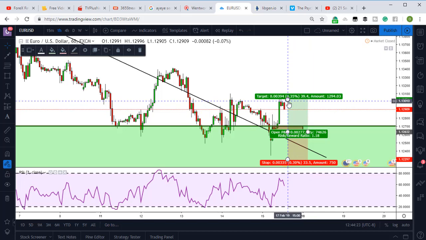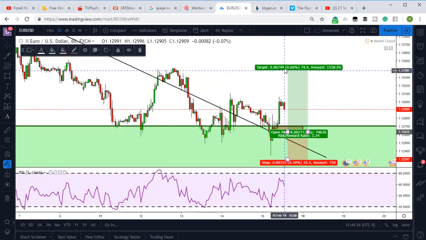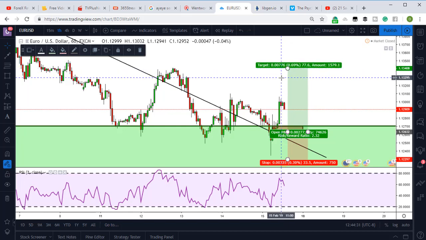But for extended targets, you'll be looking to ride it back up to this retest of structure, back at 0.0776. In total, you will go for a take profit of 77.6 pips. For a risk of 33.5, you're looking for a total take profit of 77.6. Like I said, this will be a risk to reward of 2.32, which will be a good trade.